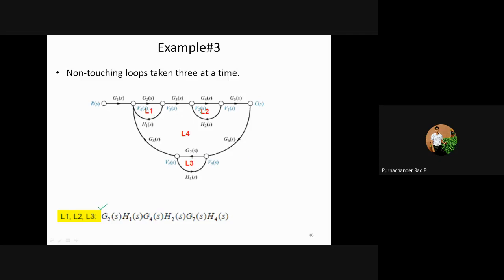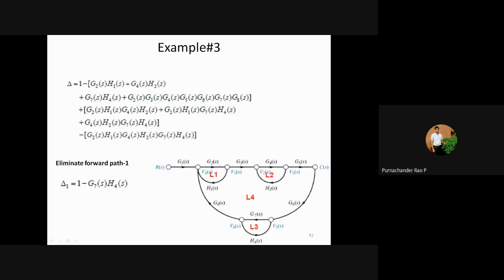Okay, L1 is G2H1, L2 is G4H2, and L3 is G7H4. So these are the possibilities of 3 non-touching loops. And next we need to see 4. So there is no possibility of 4 non-touching loops. Therefore, we will close here.